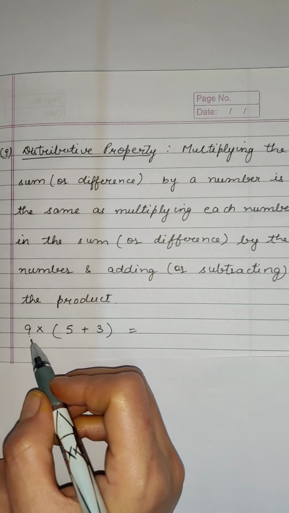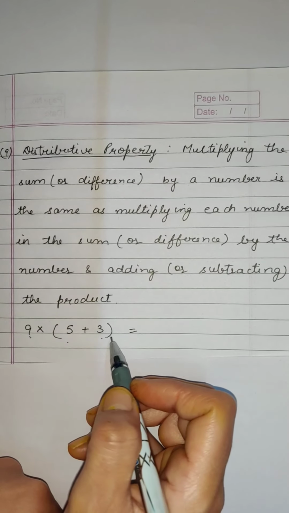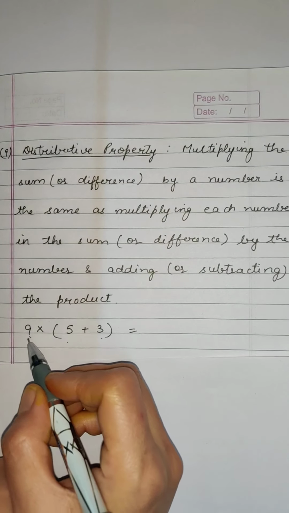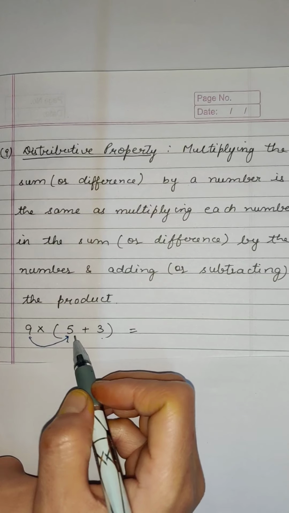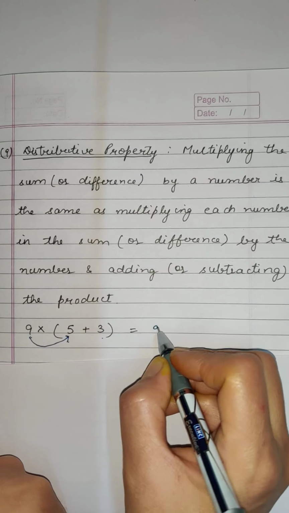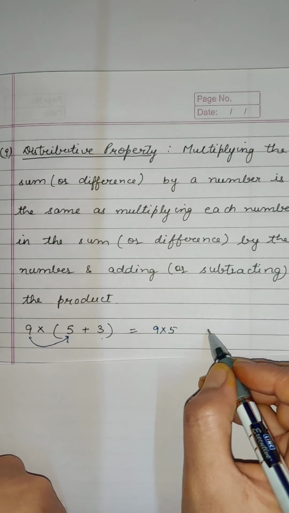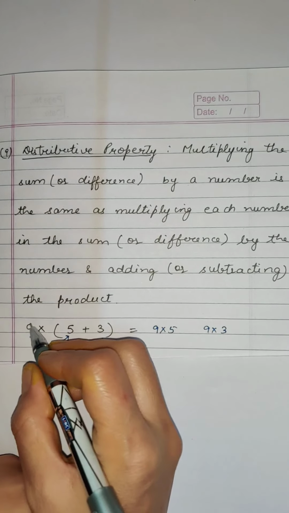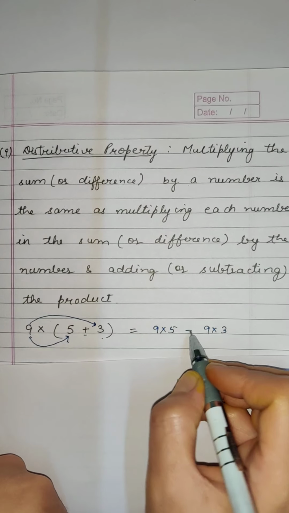Suppose you have a number multiplied by the sum of two other numbers. So you can multiply this number by these factors one by one. That is 9 5s are and 9 3s are, and then you can add.